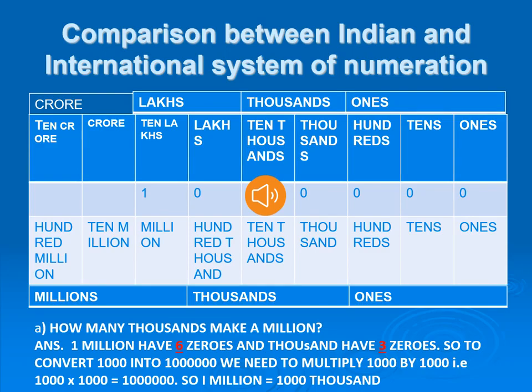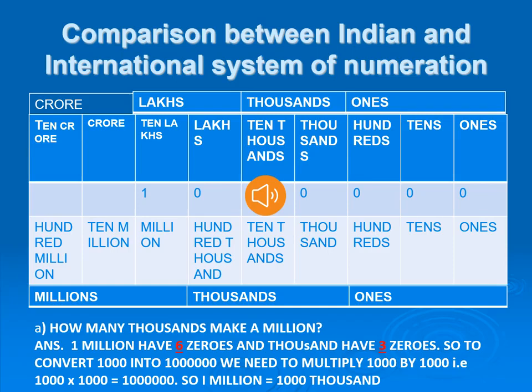Now the question is, how to draw a comparison between the Indian and international systems of numeration. Like, how many thousands make a million? For this, first we write both place value charts one above the other and then write 1 million in the place value chart.